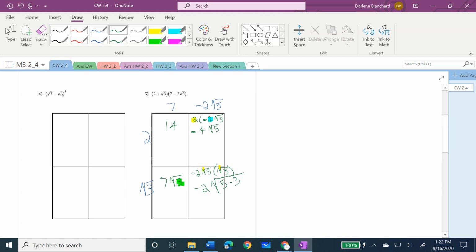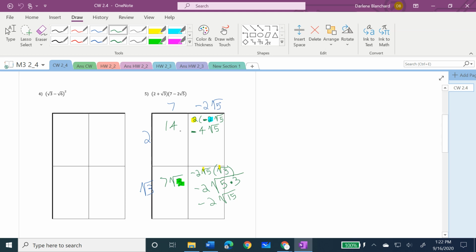I can distribute a root over multiplication and make it separate root 5, root 3, multiply. I'm bringing them back together under the root, and I'm allowed to do that. Then multiplying the 5 and the 3 gives me 15. I do need to check, is there any perfect square number that divides 15 that I can pull out of the square root? No.